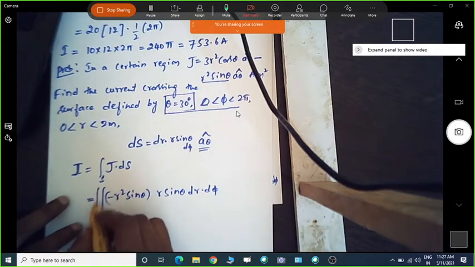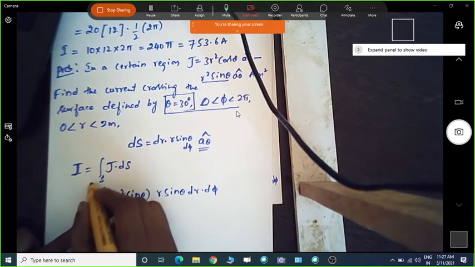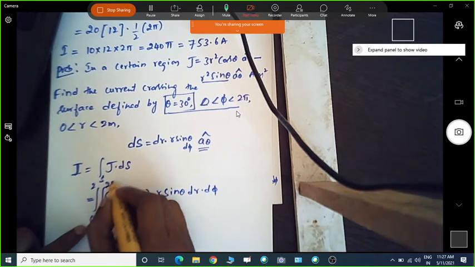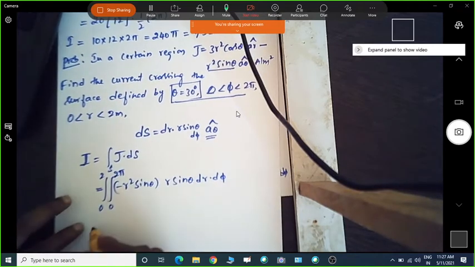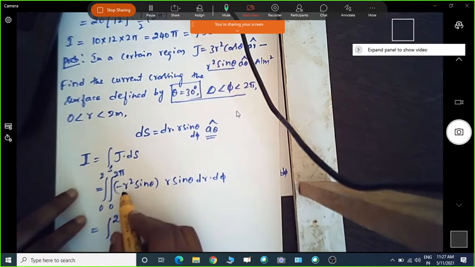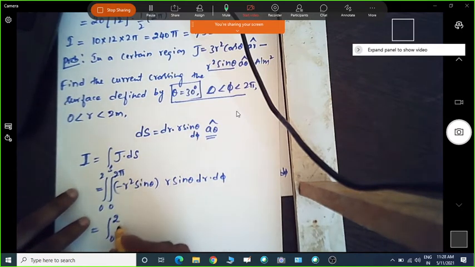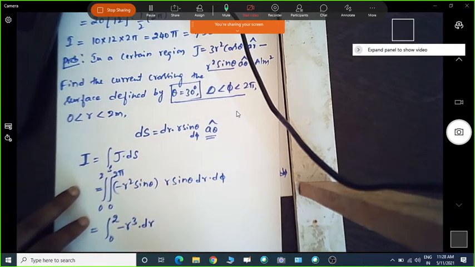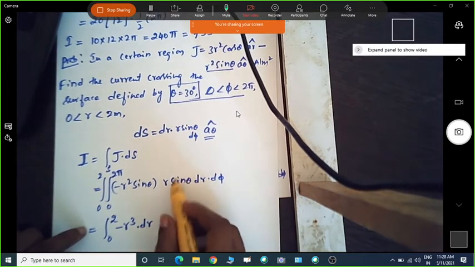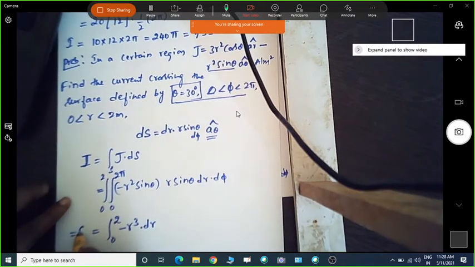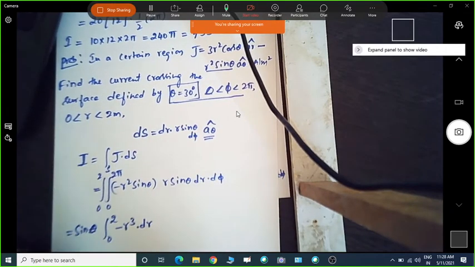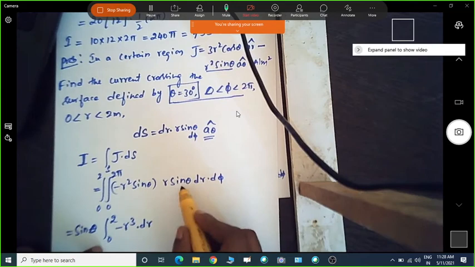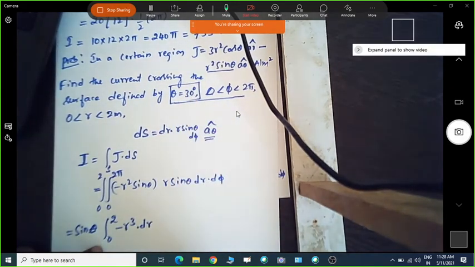Now this integral varies with r from 0 to 2 and phi from 0 to 2 pi. Take out the r component, so that is r square and r, so you will get minus r cube dr. And sin theta is constant, so you can take it outside, because there is no variation of theta, it is only the constant surface theta equal to 30 degree.